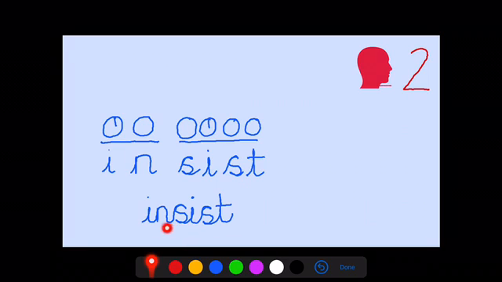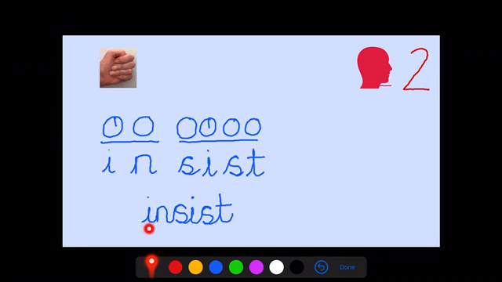This doesn't look like a blend, so I know to split after the letter N. And then I know that the letter N is closing in the vowel I. It's a closed syllable, and I know the vowel sound that I say is I. In this syllable, exactly the same.